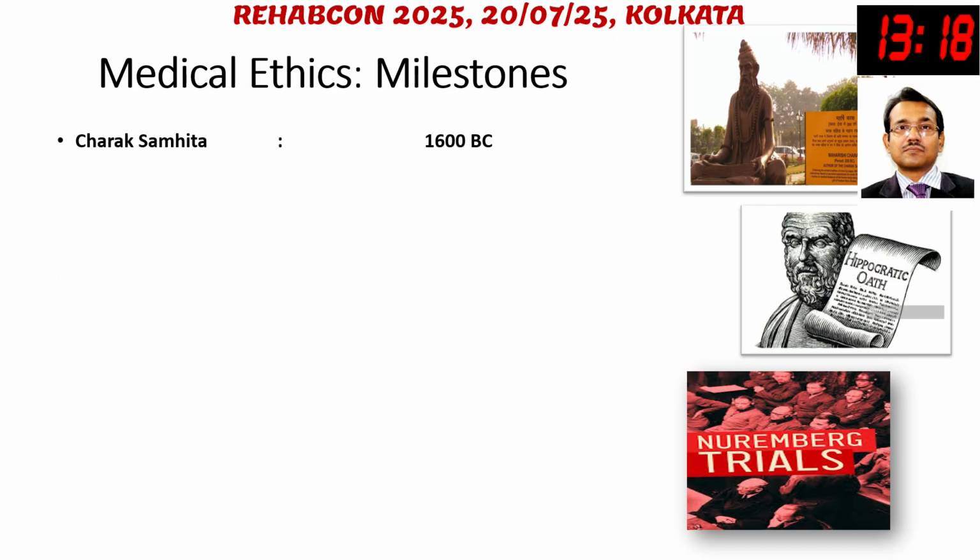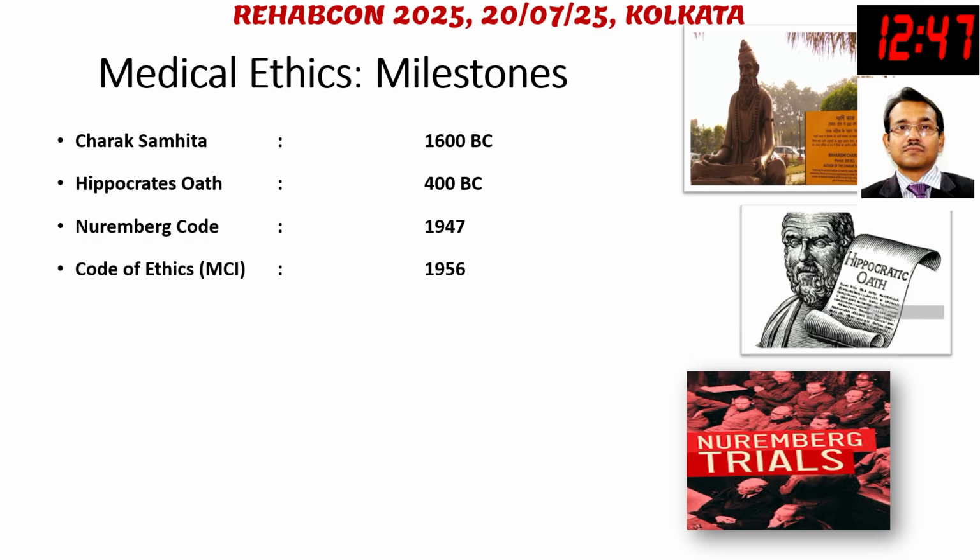So, some medical ethics milestones. It starts from the Charak Samhita, 1600 BC, then Hippocrates' Oath. We doctors all know Hippocrates' Oath. It is around 400 BC. Next milestone is the Nuremberg Code 1947. There is a bitter history related with that Nuremberg Code. I will discuss it later on. After that, the Code of Ethics by Medical Council of India 1956.